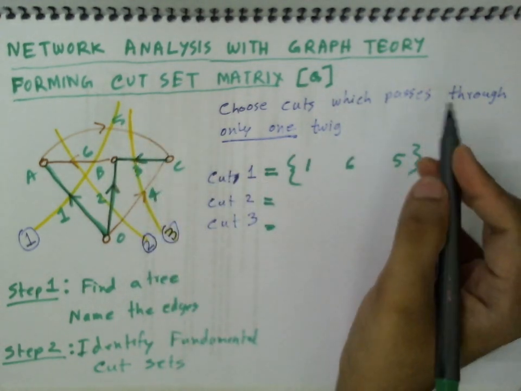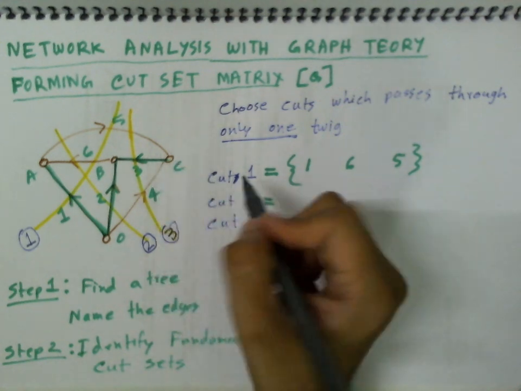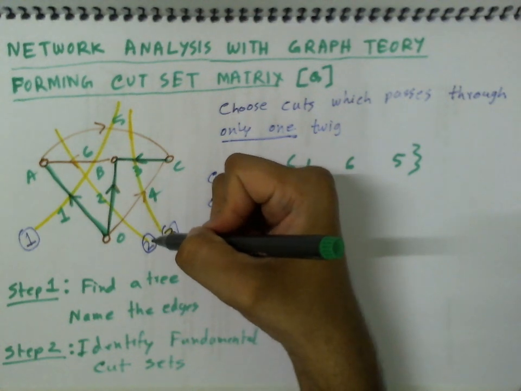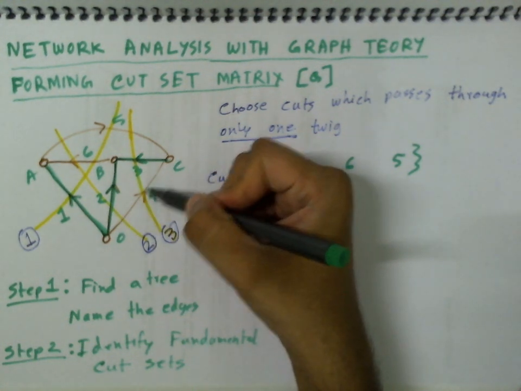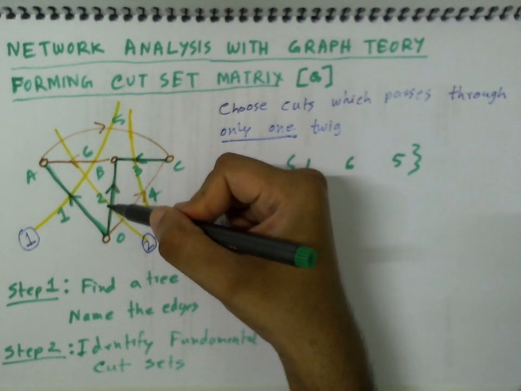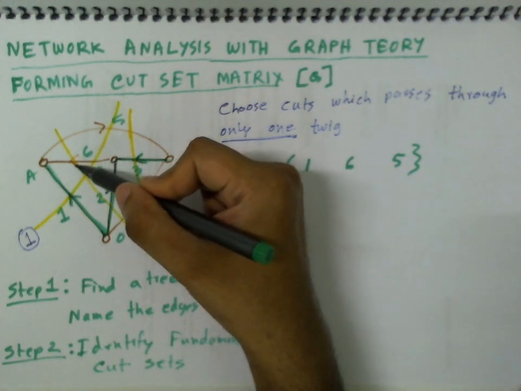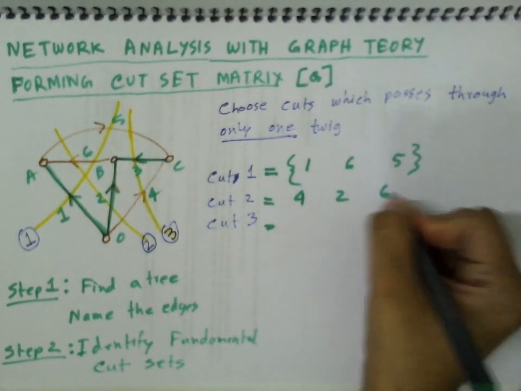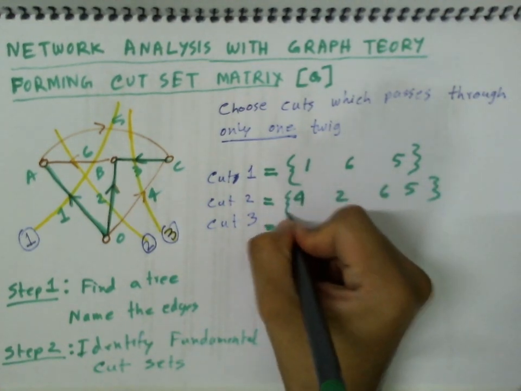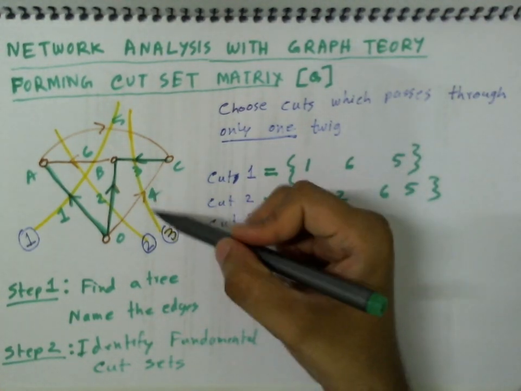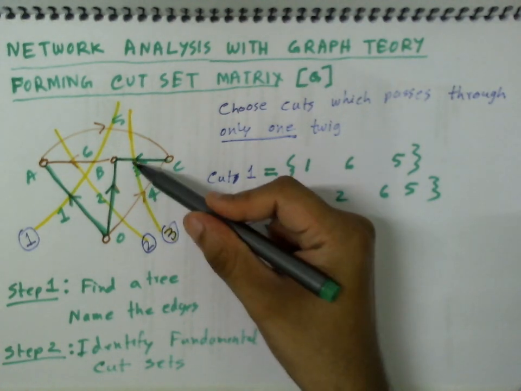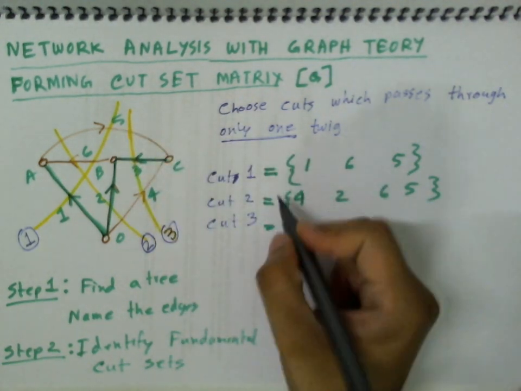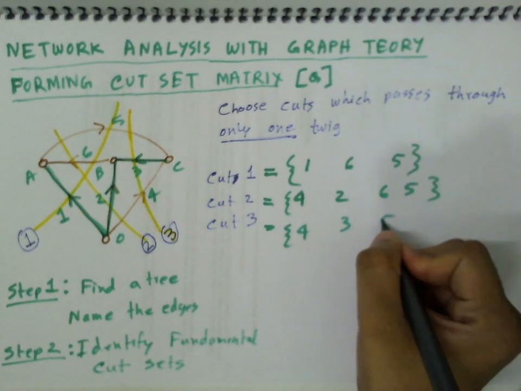Then cut number 2 goes, it's here, so it goes through edge 4. This is edge 4, so it goes through edge 4, then 2, then 6 and 5. So 4, 2, 6, 5. Cut number 3 goes through 4, 3 and 5.